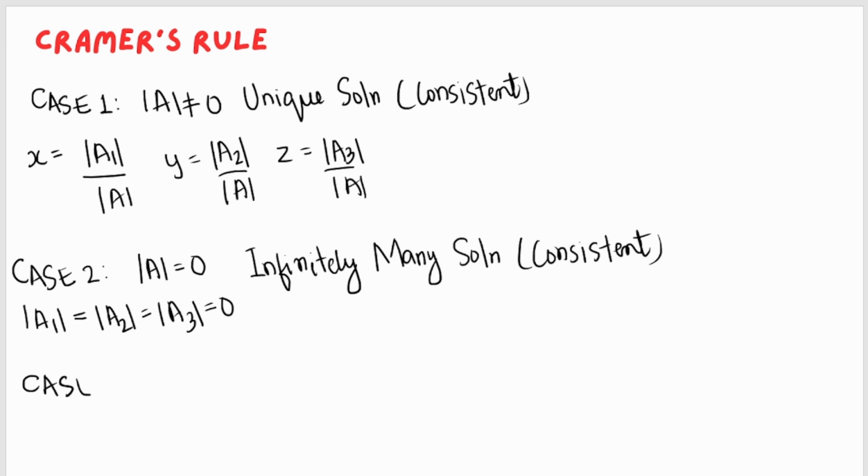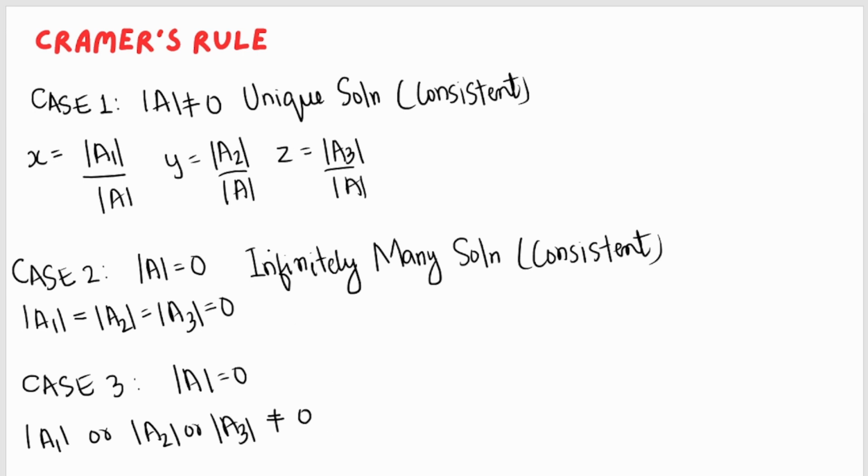Now case 3. When determinant A is equal to 0 and determinant A1 or determinant A2 or determinant A3 is not equal to 0. Any one of these should not be equal to 0.